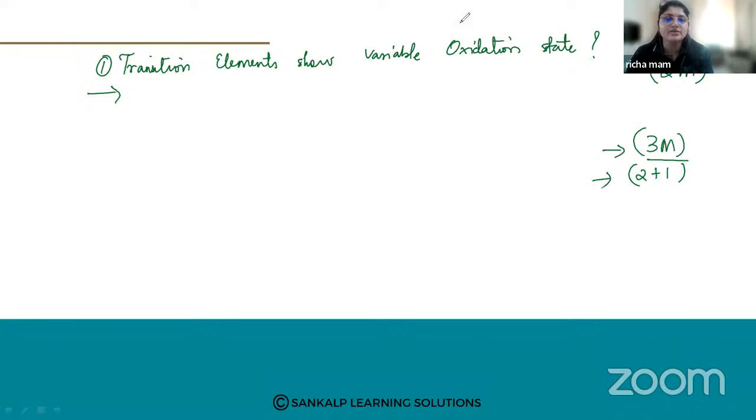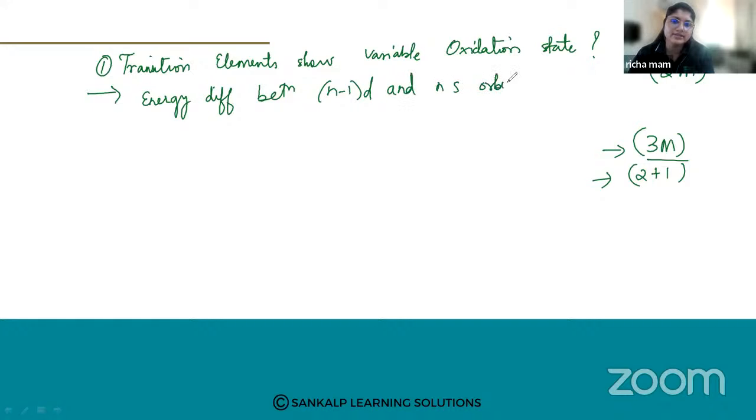One can be like this, give reason: transition elements show variable oxidation state. That is because the energy difference between n-1 d and ns orbitals is less.